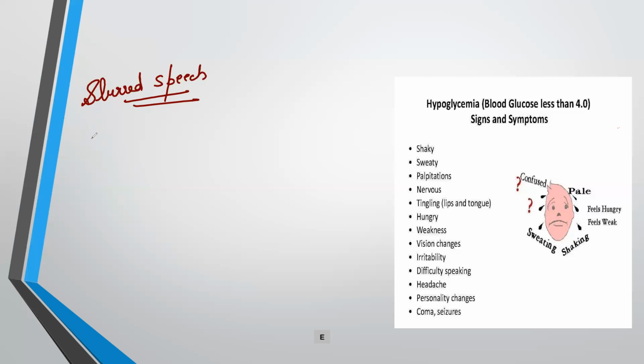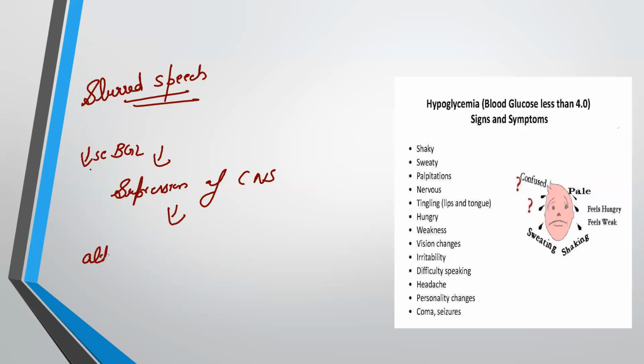As you will see, decreased blood glucose level leads to suppression of our central nervous system, that leads to altered level of consciousness, altered speech, and disorientation.